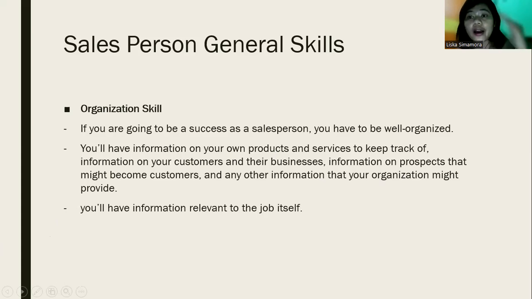How do you make sure that information is not wrong, and doesn't get mixed up with other information? So you have to organize that information in your mind or in your notes or in anything. You have to be well organized because as a salesperson, you'll have information relevant to the job itself.